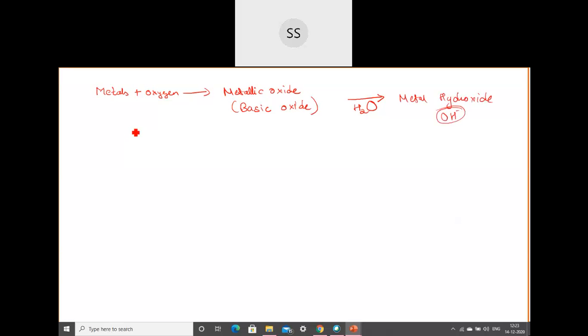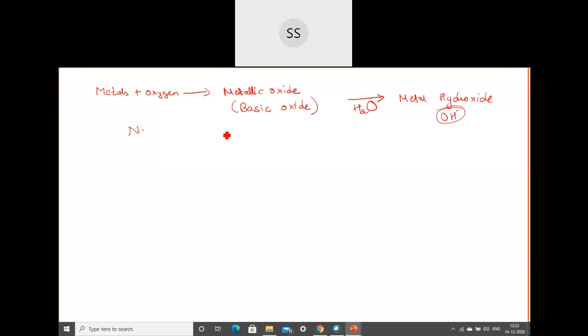So you can remember, blue will be the color change happening, and that is because of the release of OH minus ions in the solution. So for example, sodium oxide is basic in nature. Magnesium oxide too, because all of them, when they combine with water, will form hydroxides, and those hydroxides can show the color change from red litmus to blue.